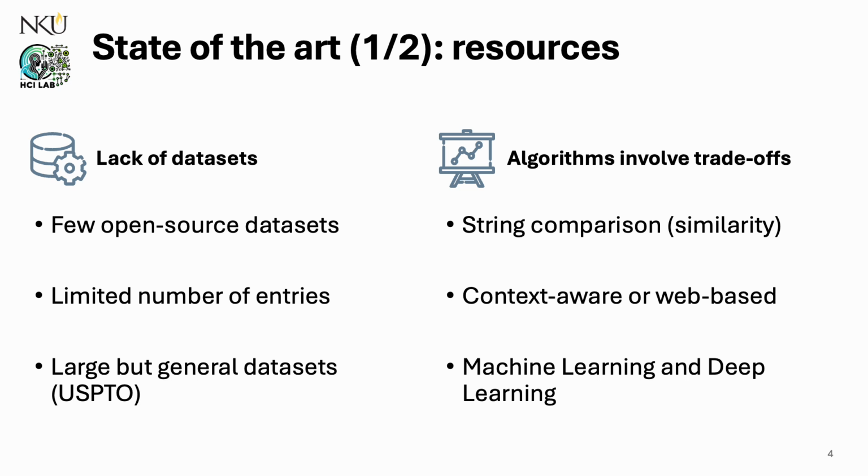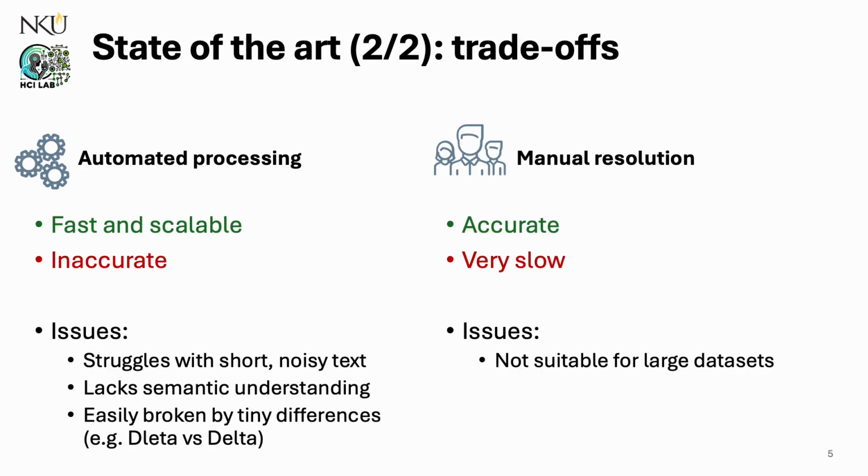But this led us to another challenge. What kind of algorithm should we use to process this noisy data? There were many approaches like string similarity, web-based methods, context-aware algorithms, and even machine learning models. But each of them had their own set of trade-offs. Automated methods like string similarity algorithms and machine learning models are fast and scalable, but they often fail with short or noisy brand names.